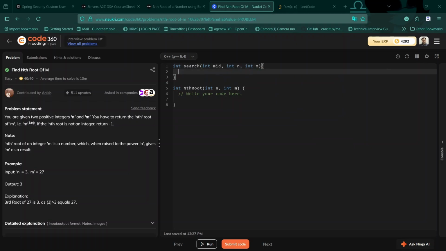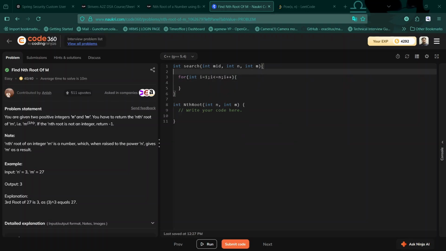What I'm going to do is check if the value of mid to the power n is greater than or equal to the provided number m. For that I need to form a loop where int i equals 1 and i is less than or equal to n, i plus plus.